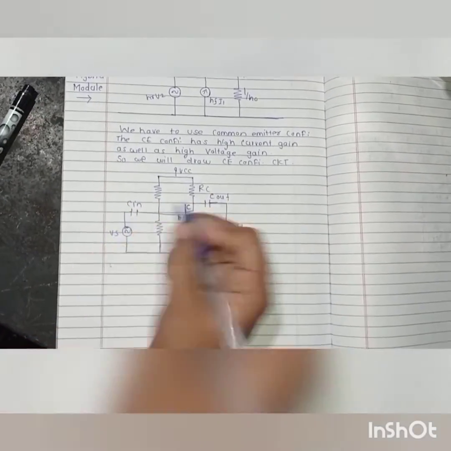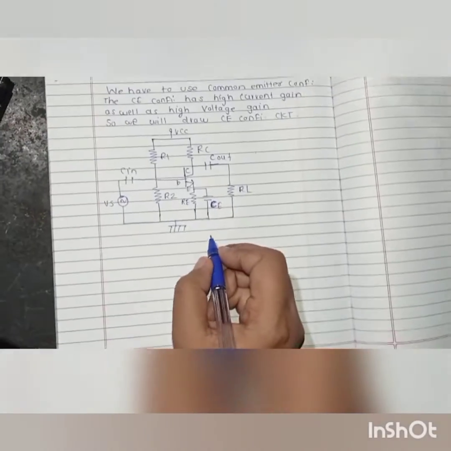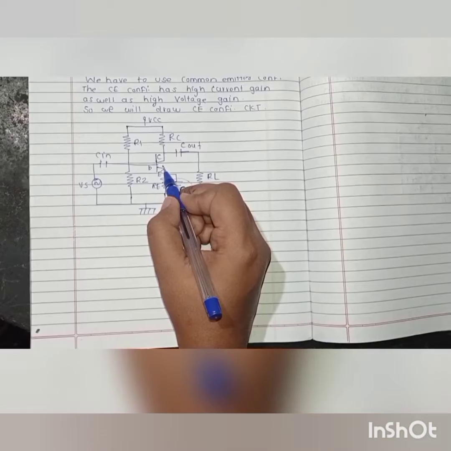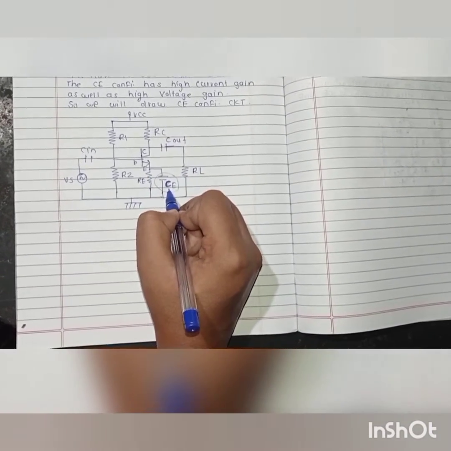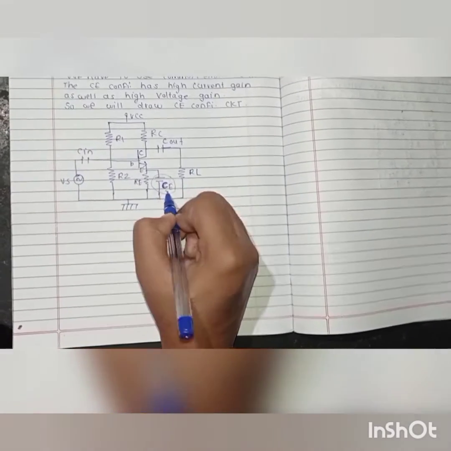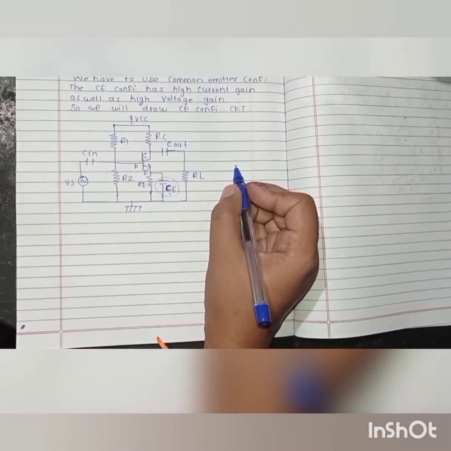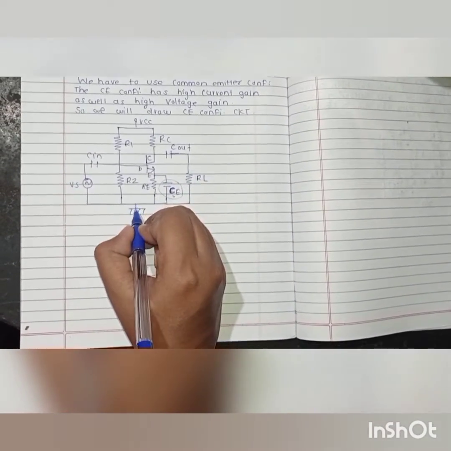A source voltage Vs is connected, and R1 and R2 are the voltage divider circuit. Here a bypass capacitor is used. This is a condition in which the current through the emitter does not flow through RE, it passes directly through the capacitor. This condition is called bypassed. And there is also another condition, unbypassed. Then the current will directly flow through the emitter and connect to the ground.